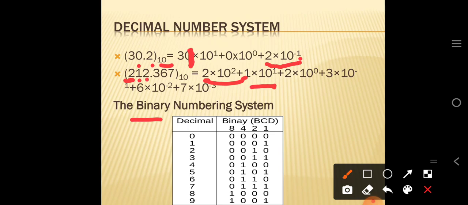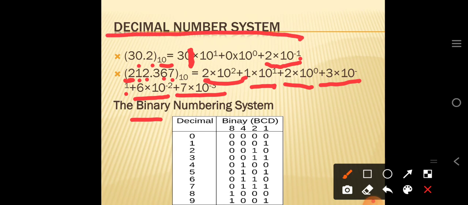The third digit is 2, so 2 into 10 raised to the power 0. And after the decimal point the power goes on decreasing, so 3 into 10 raised to the power -1, and after that 6 into 10 raised to the power -2. The last digit is 7, so 7 into 10 raised to the power -3. So this is all about the decimal number system.